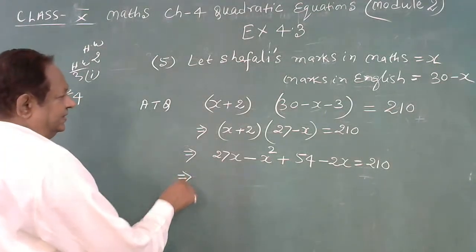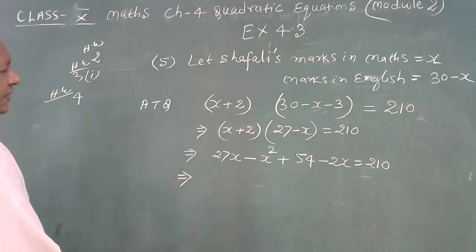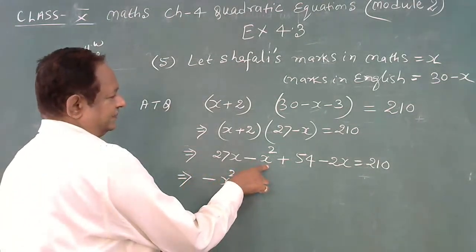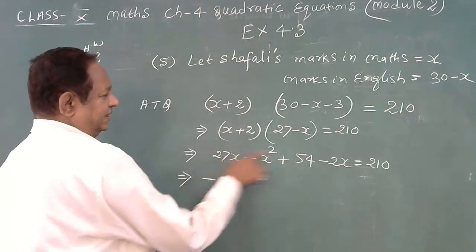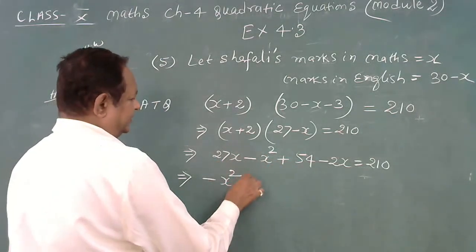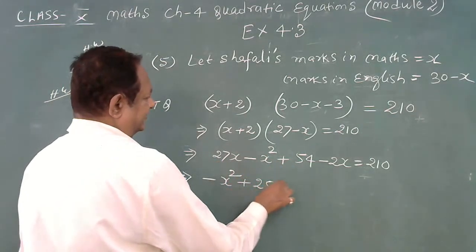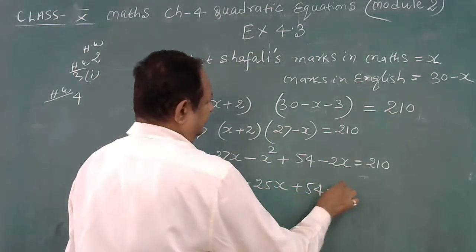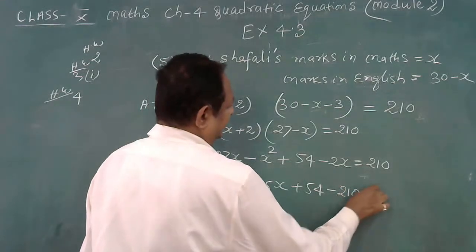This can be written as minus x square, 27 minus 2, that is plus 25x, and plus 54 minus 210 is equal to 0.